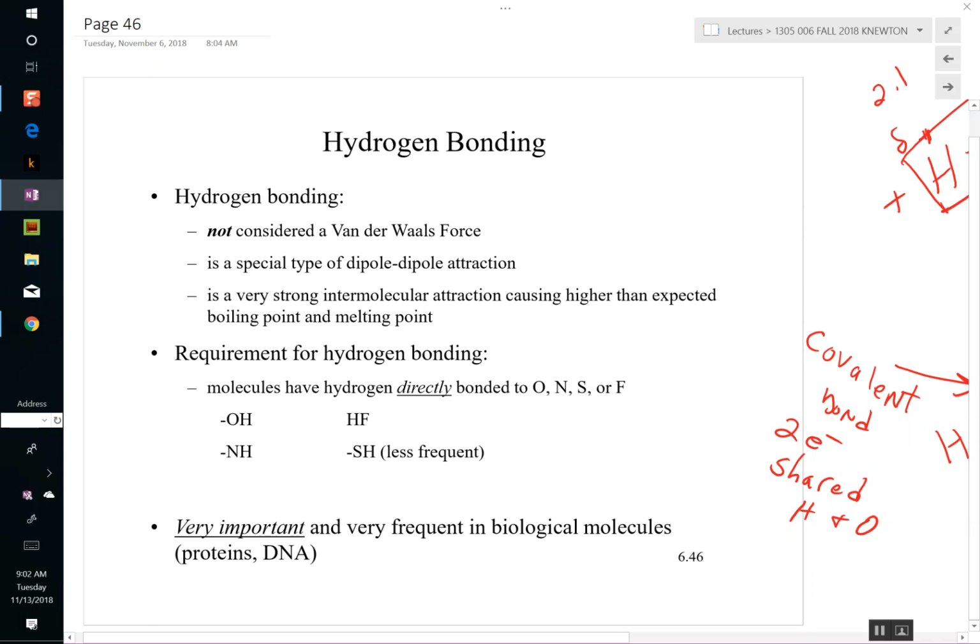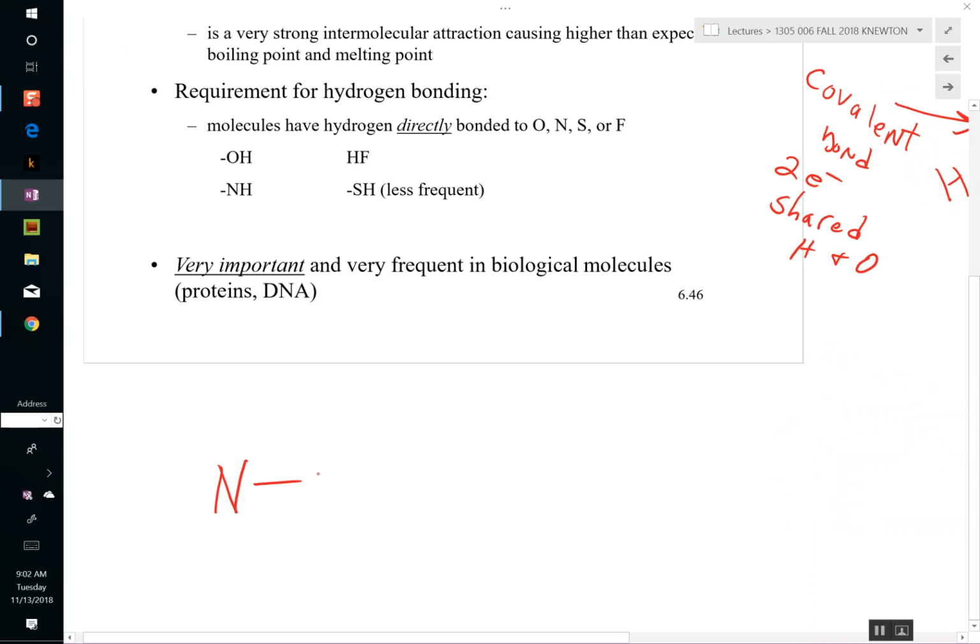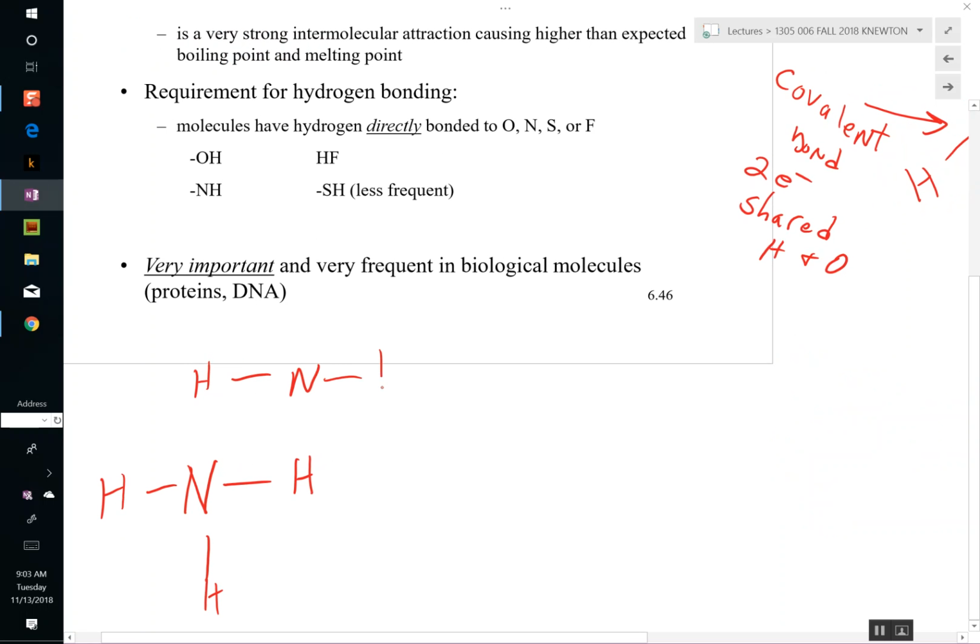So whenever you have an ammonia molecule, you can get another ammonia molecule right here, and you end up with hydrogen bonding. The hydrogen to the nitrogen, the high electronegativity atom, and the nitrogen to the hydrogen on another one. So it's intermolecular. And I think that's enough of that.